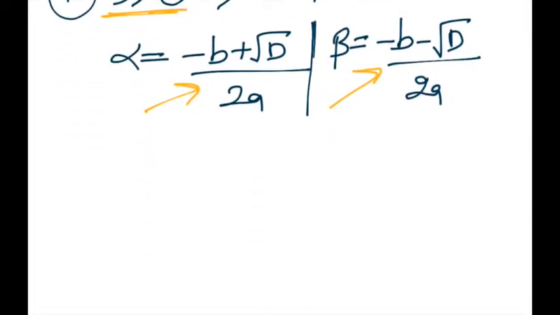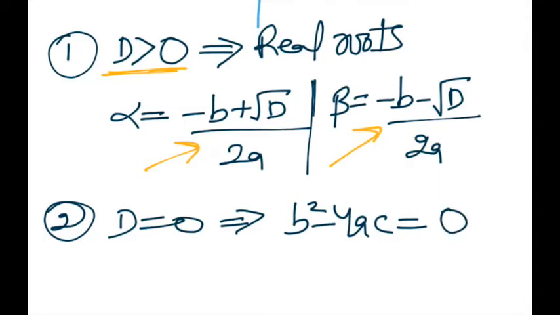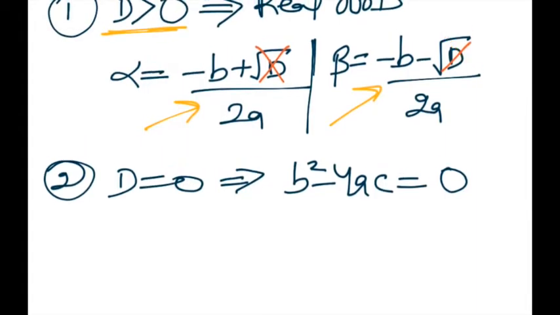Case 2 is when discriminant is equal to 0. The equation has real and equal roots, right? Which means b square minus 4ac equals to 0. So when discriminant is equal to 0, this goes off, right? So let me rewrite it.